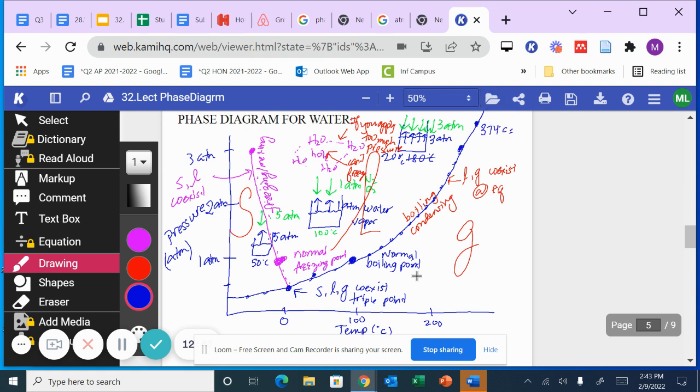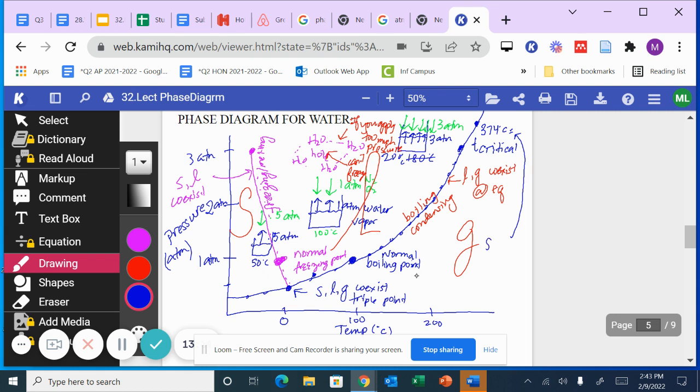This is the critical temperature of water. At this temperature, water will always be a gas, and you cannot squeeze it and make it into a liquid. No matter how much pressure you give it, it's always going to be a gas.